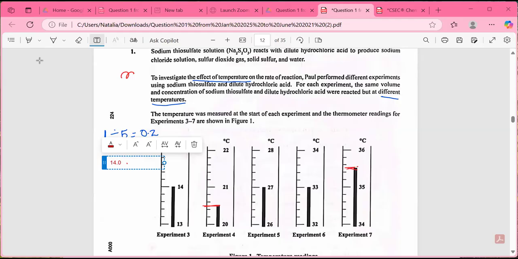What are we going up by, Michael? Tell me what we're going up by. 0.2, miss. We're going up by 0.2. So this would be 20, this would be 20.2, so this would be 20.4. And midway between 20.4 and 20.6, what do we have there?